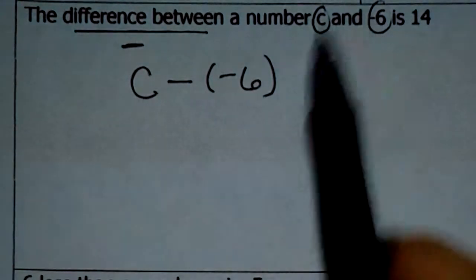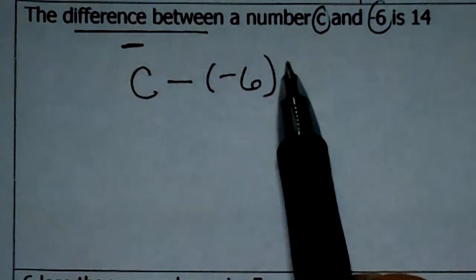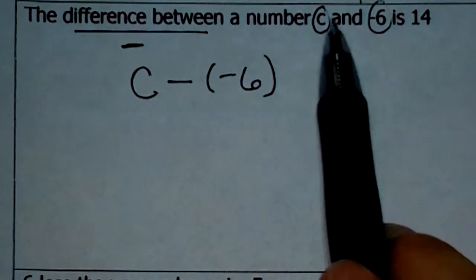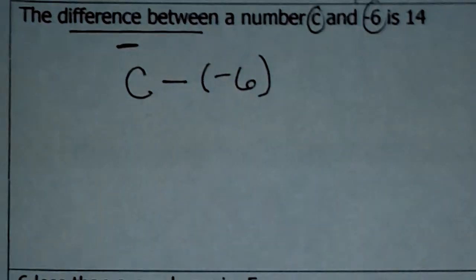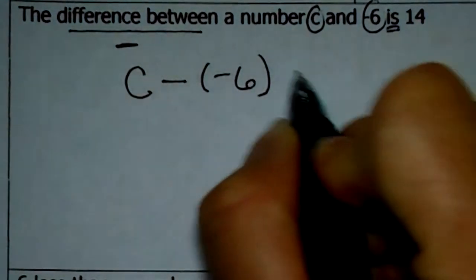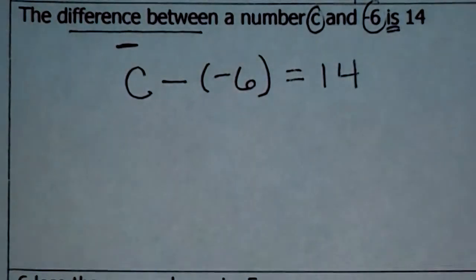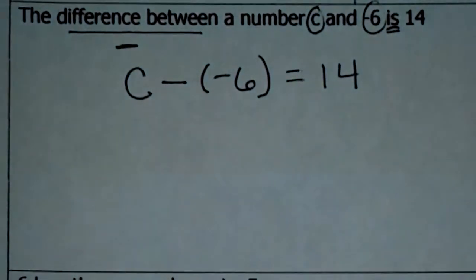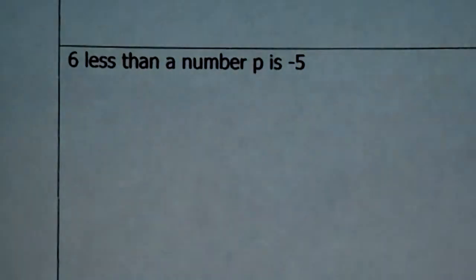Don't switch the order here. This isn't a less than, it's the difference between. And I need to have the order as it's written, because with subtraction, order does matter. There's my is for my equal sign, 14. So there's my equation.